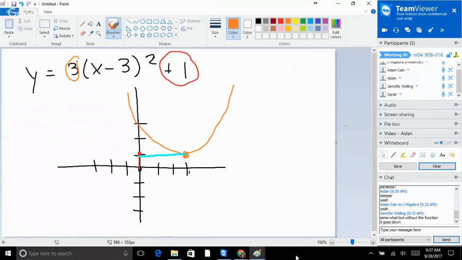So it sounds like you guys all understand what's going on with that. But I thought this would be way easier to look at when we have our graphing tool. Oh, thank you, Aiden. You're right. It is going to be steeper.